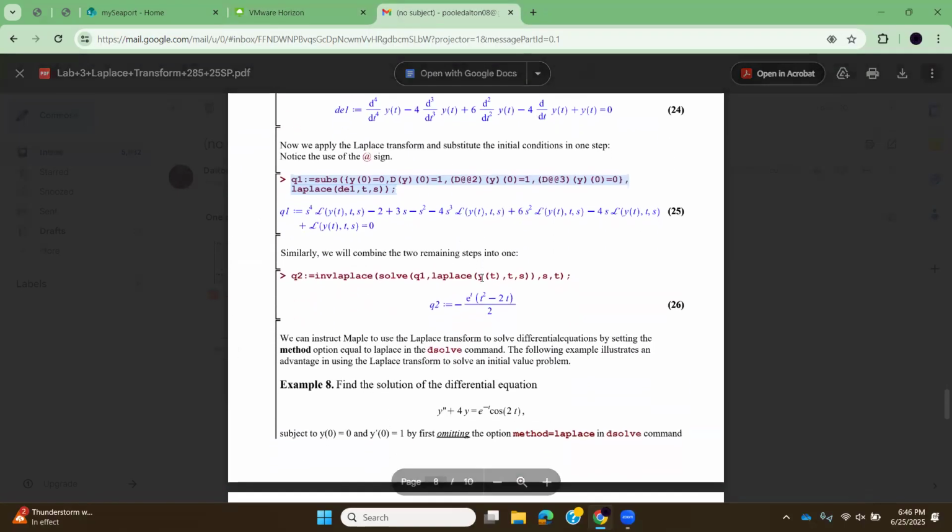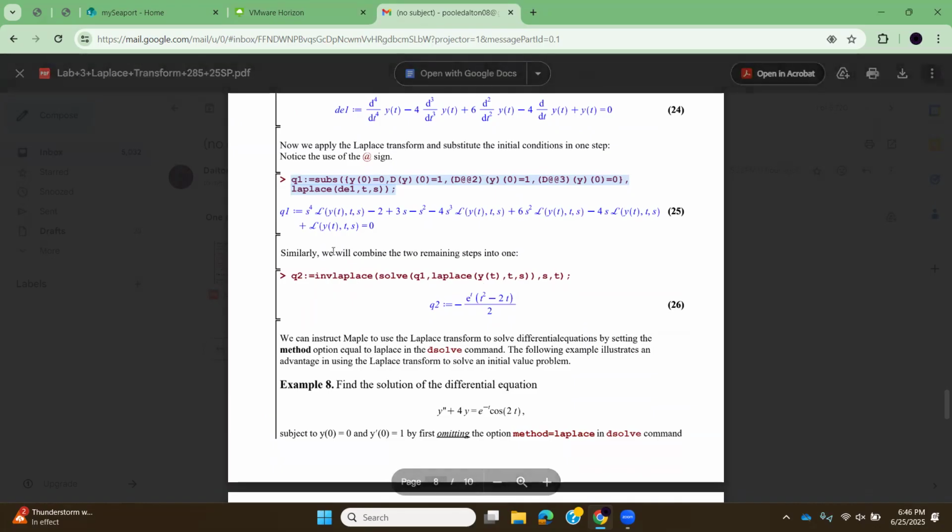And then we can combine the last two steps by solving Q1 and then inverting it.